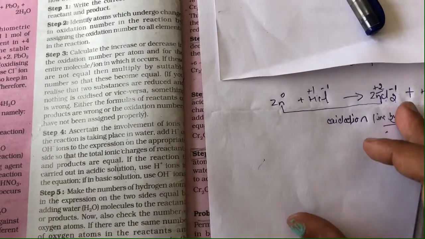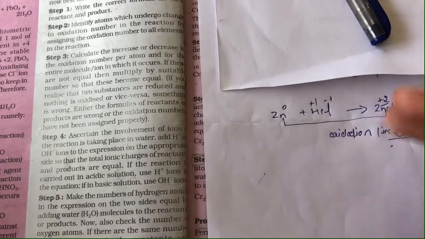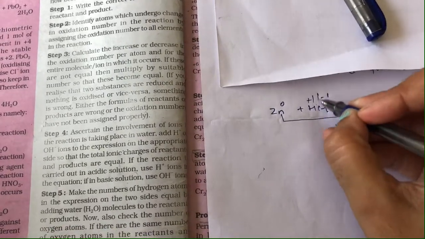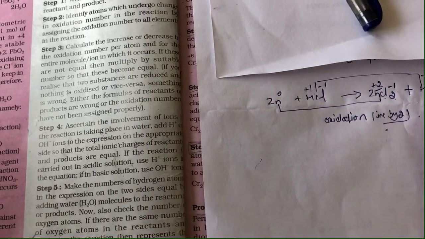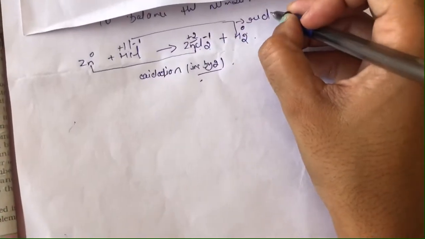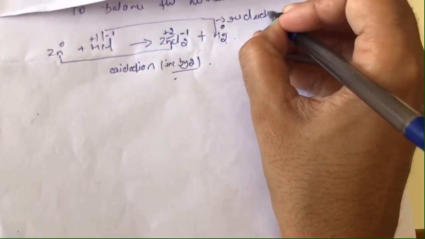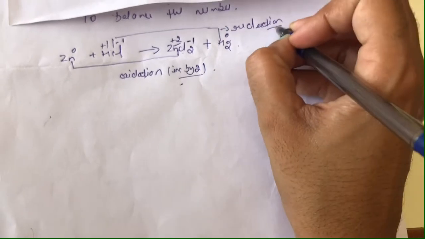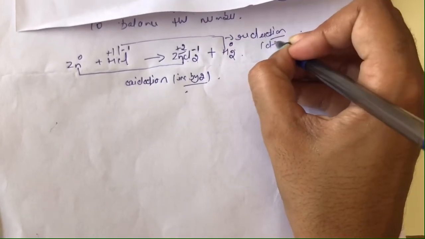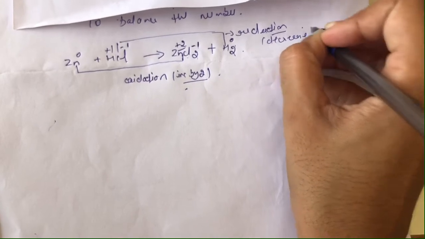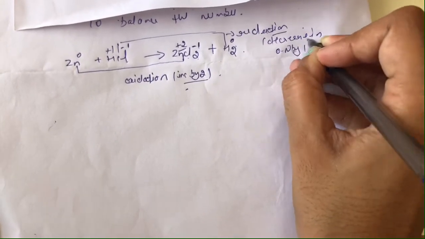And the same in case of hydrogen, you can see for hydrogen there is a reduction, and that is the decrease in oxidation number by 1.